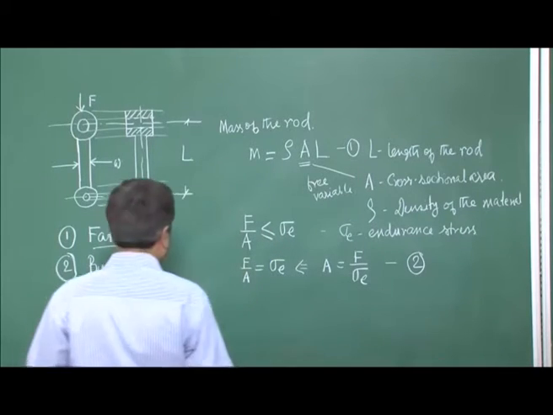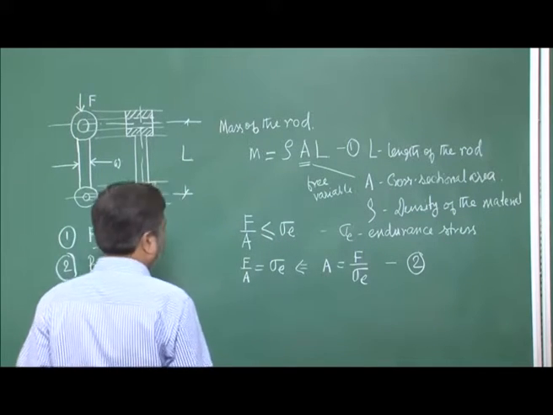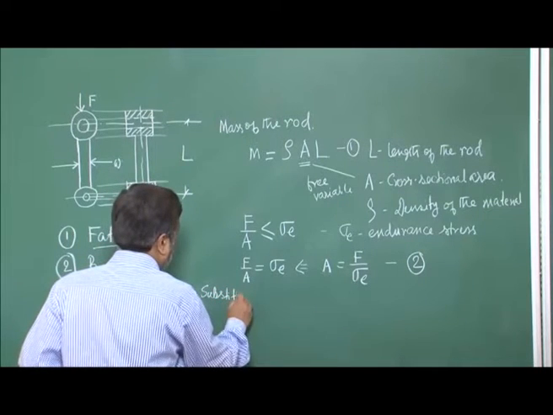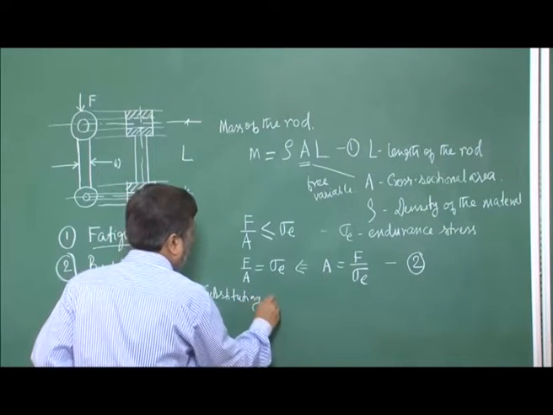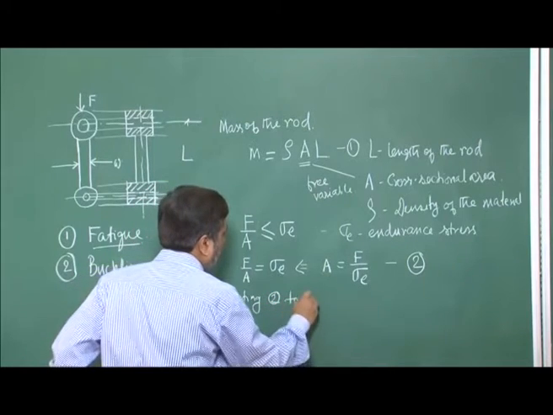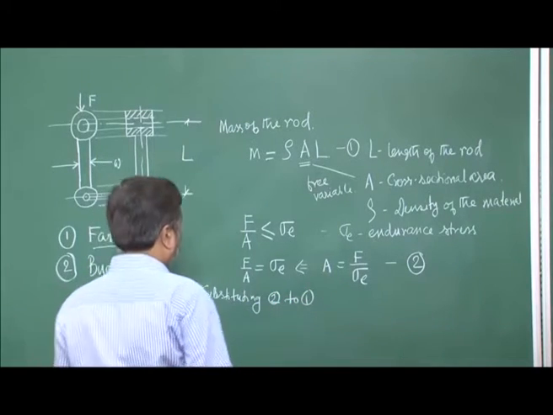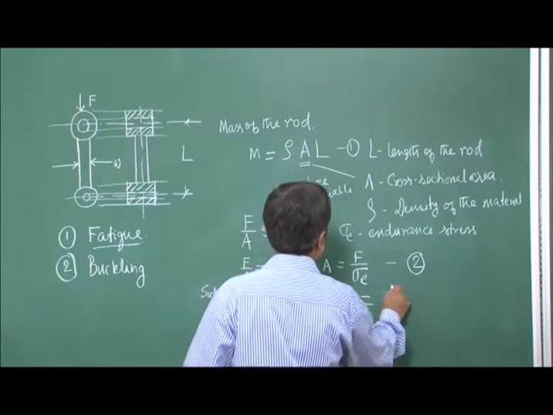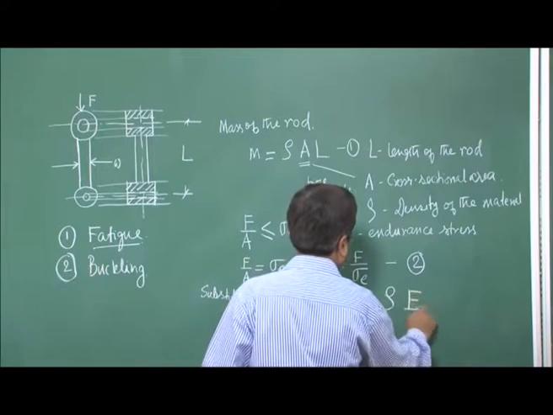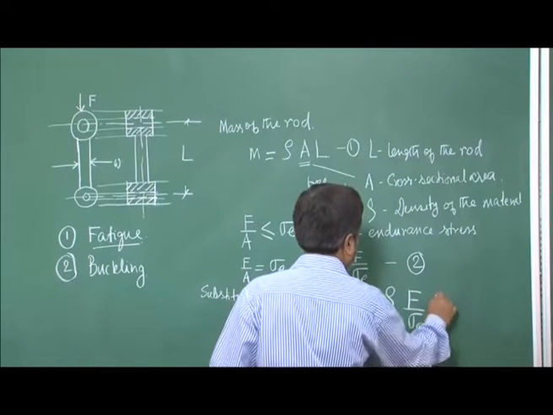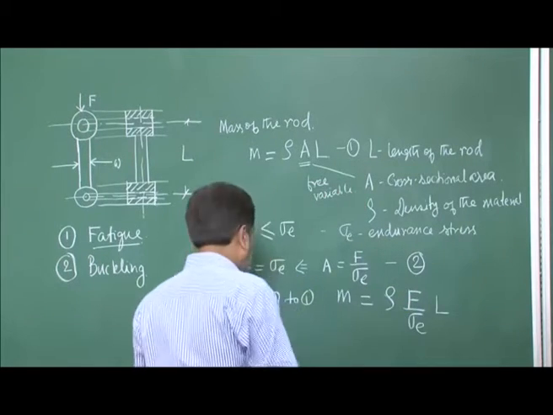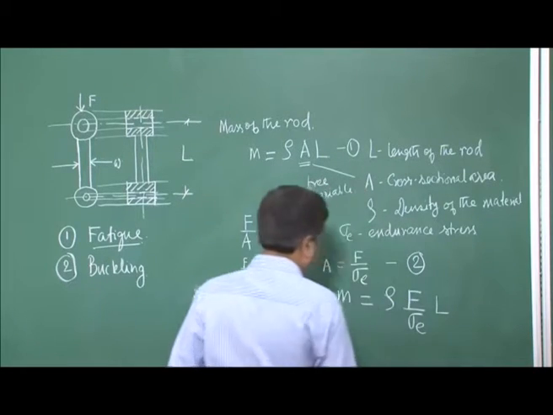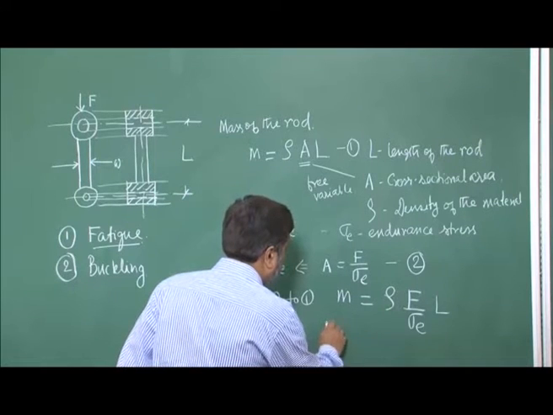So let us substitute that in the expression of mass. Substituting into equation 1, we are going to get m equals rho F over sigma E times L. And then in that case, what is the material property index?